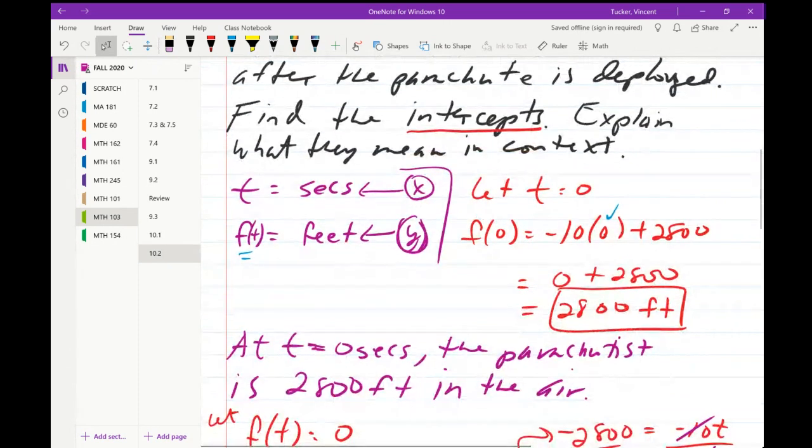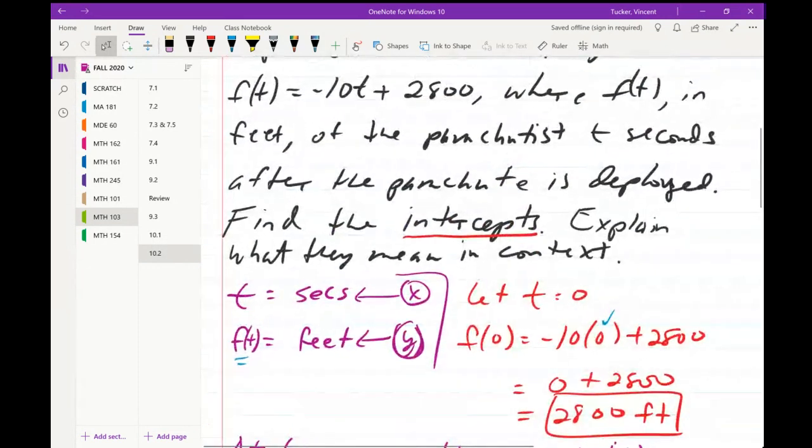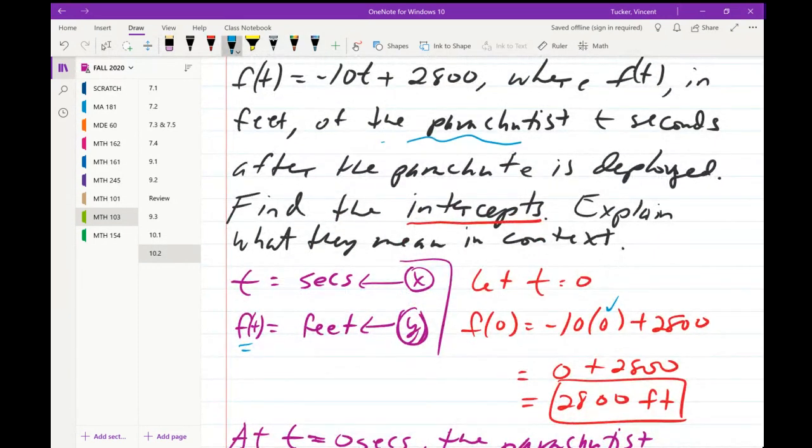All right. So at t equals 0 seconds, the parachutist is 2,800 feet in the air. So don't forget what t represents. T is t seconds after the parachute is deployed. So it's not just any seconds. It's how many seconds after he or she opens up the parachute.